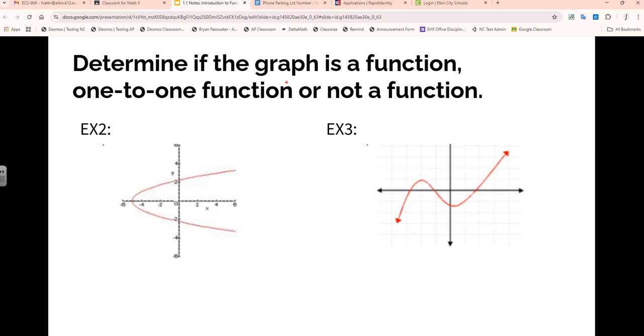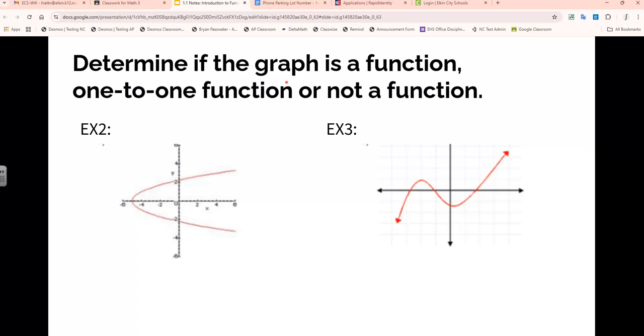So is this first example, is that a function? It is. How many times can we touch? 1. How many times does this touch? Twice. And it only has to be at one point. If there's even one point where it hits twice, there's a bunch for this one because it's hitting a lot of places. So for that to be a function, you can only hit one time that vertical line.